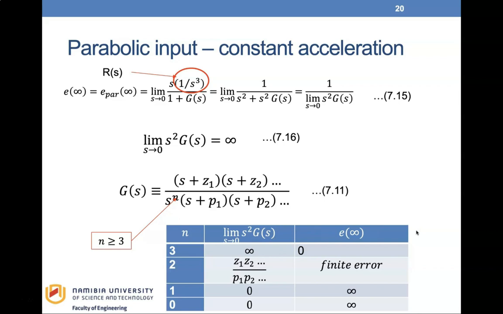Let us now use an example to illustrate what we have learned.